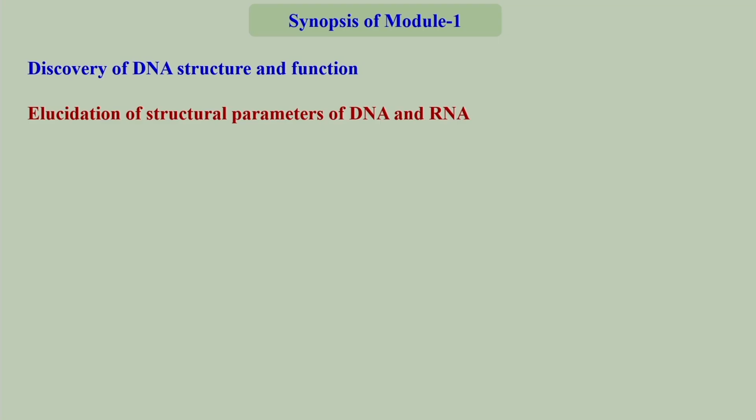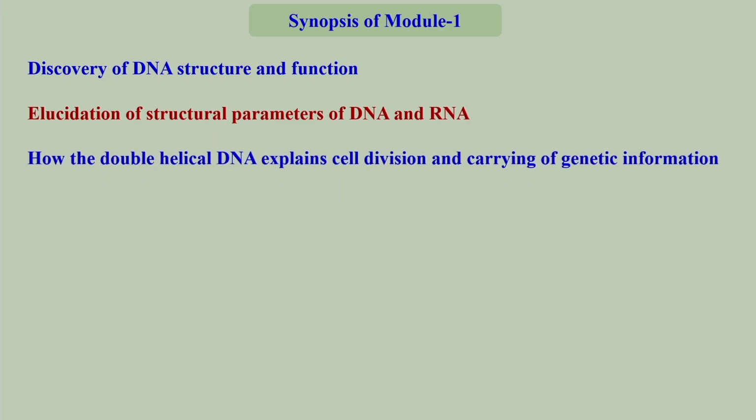We have seen how the different conformations, different orientations, different angles, and the functional groups like sugars and nucleobases play a role in constituting the final structure of the DNA, the tertiary structure of the DNA, that is the B-DNA structure. How double helical DNA explains cell division and carrying of genetic information.